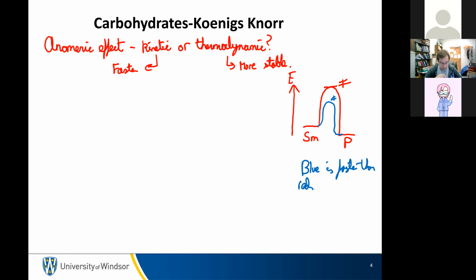Or raise the energy of the transition state. Perfect. Hazel's perfectly right. So if I wanted to make this more thermodynamically favorable, I could raise the energy of the starting material or lower the energy of the product. I don't need to do anything to the transition state.